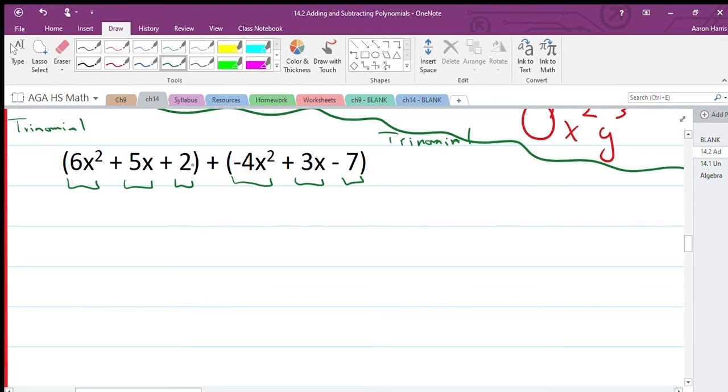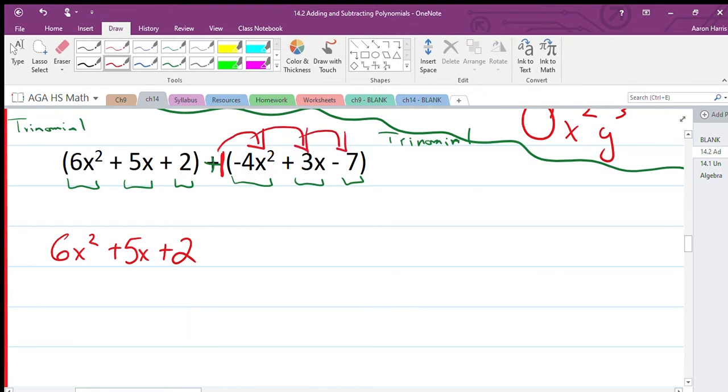Well, it says take this polynomial, add it to this polynomial. Remember, we went over this. What is this number out in front of this parentheses? Yes, it's a 1. It's understood to be 1. So anything happened to the first one? No, so we're just going to rewrite it. 6x squared plus 5x plus 2. Now we distribute a what?